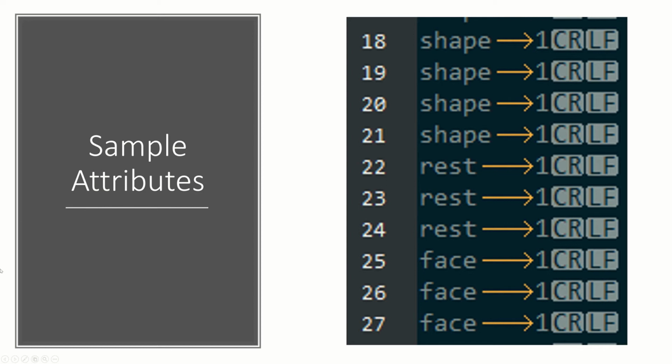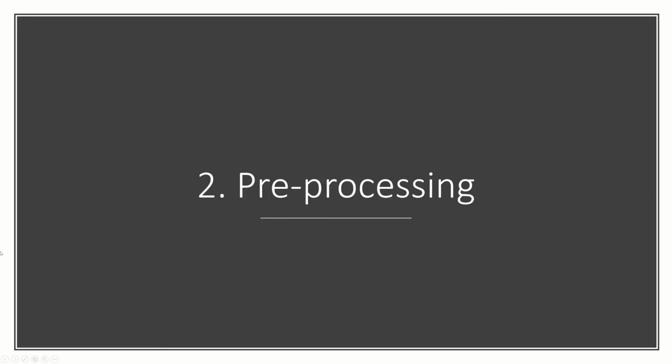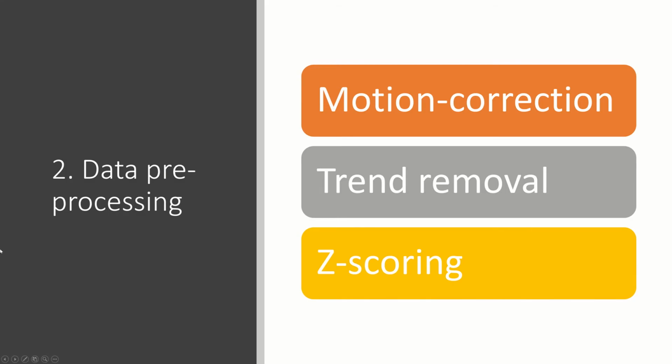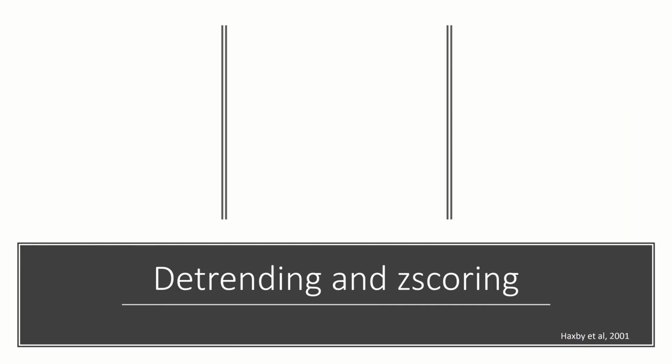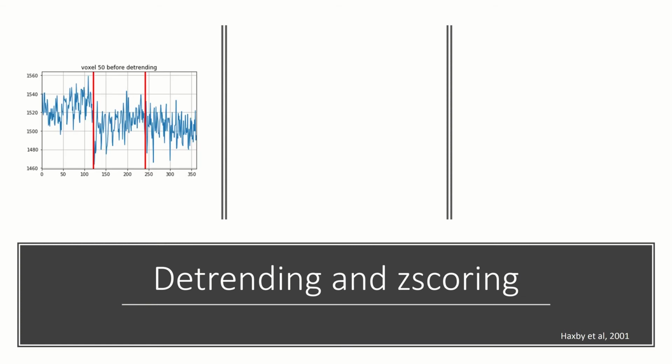So next, we're going to pre-process some of the neural data. We'll just correct for motion, we'll get rid of some trends, and we'll z-score. So just a recap of what that means. Over time, there are these different trends in the data. These red lines are going to be different segments of a task.